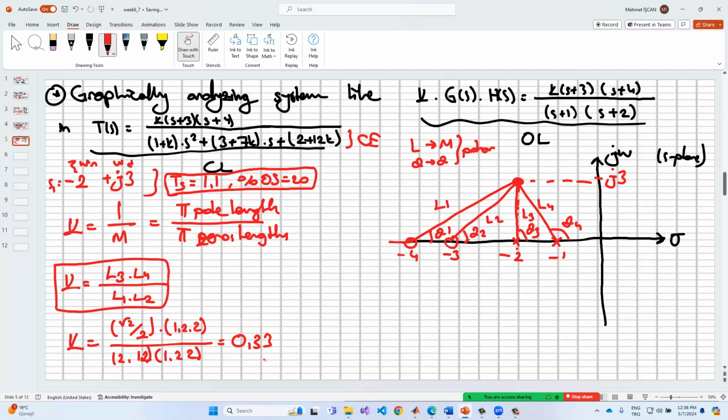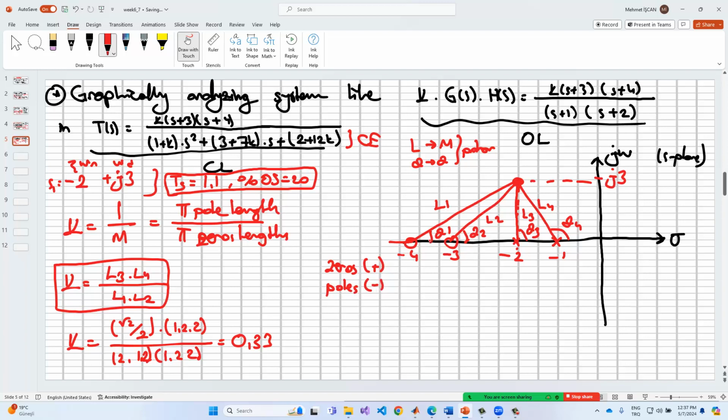Okay? And so, how can we calculate the theta values? In the root locus, just remember this: zeros have positive values and poles have negative values.